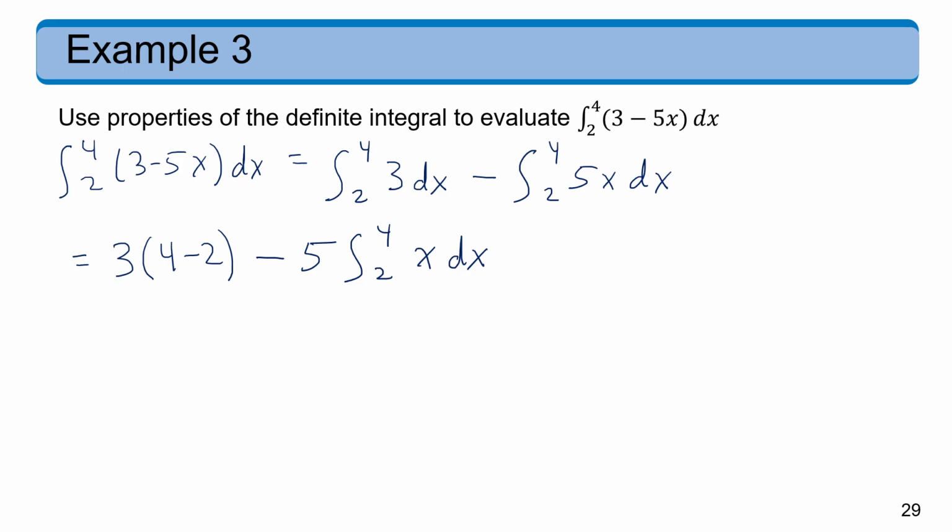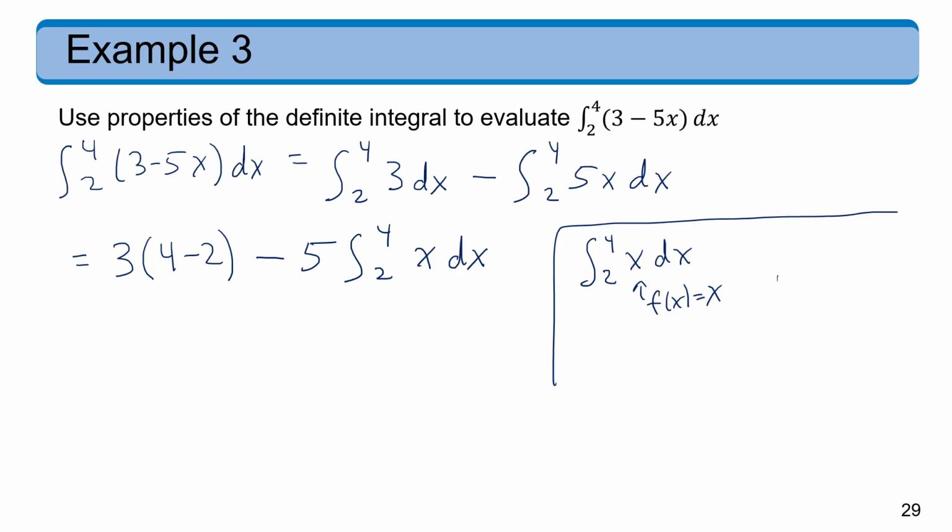Let's go off on the side and do some work on just this integral from 2 to 4 of x dx. So the function we're integrating is f of x equals x. So let's start by sketching that function. And that's a very simple function to sketch. It's a straight line, of course.